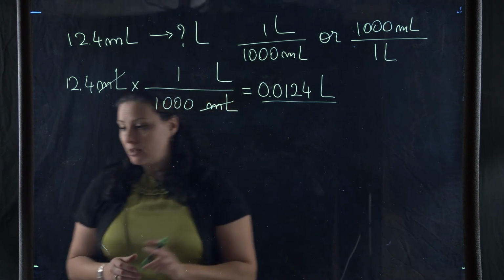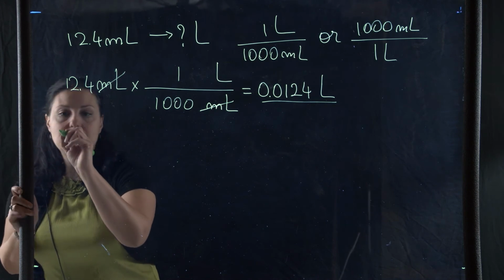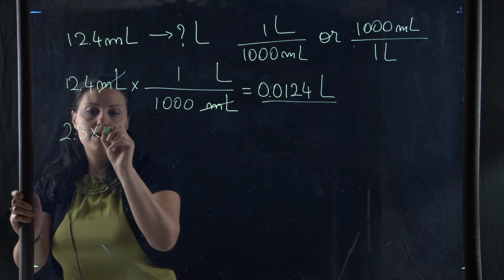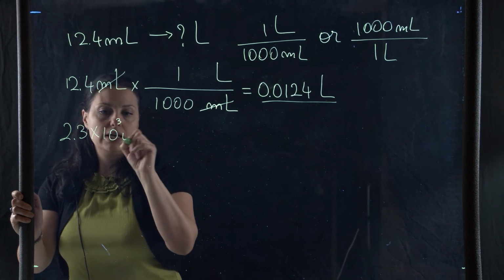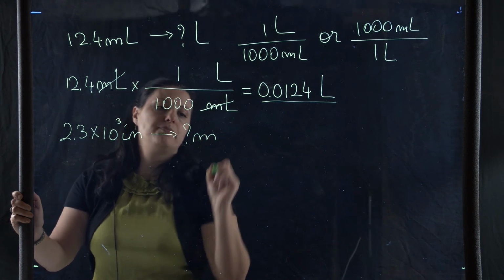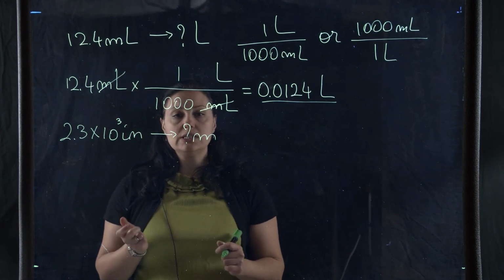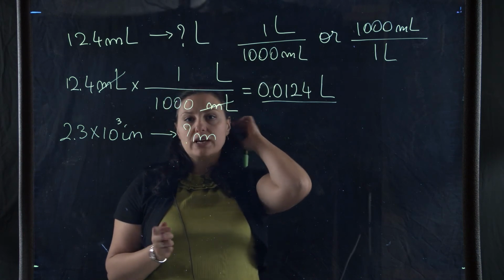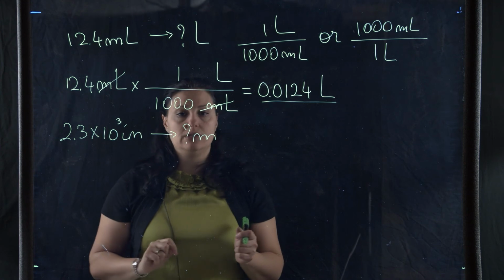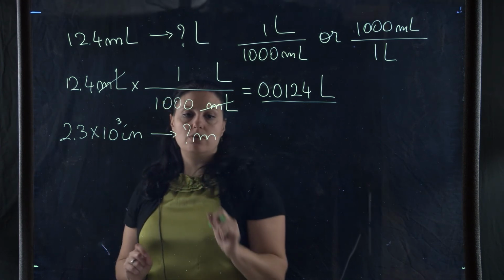Let's look at the last part. 2.3 times 10 to the third inches, and I want to convert that to meters. Now for this one I have 2 steps, because the first step is going to be converting it from the English system to the metric system, and then I am going to convert it from that to the meter.